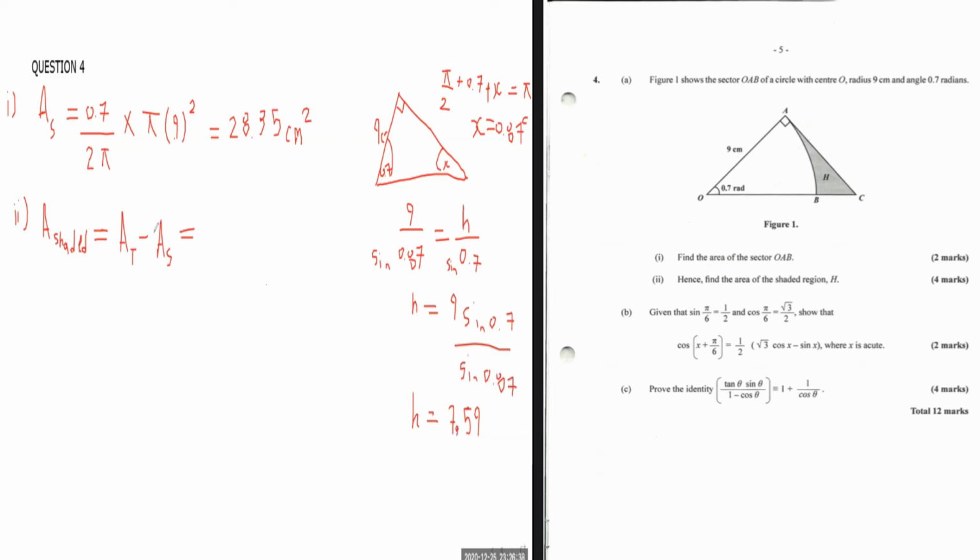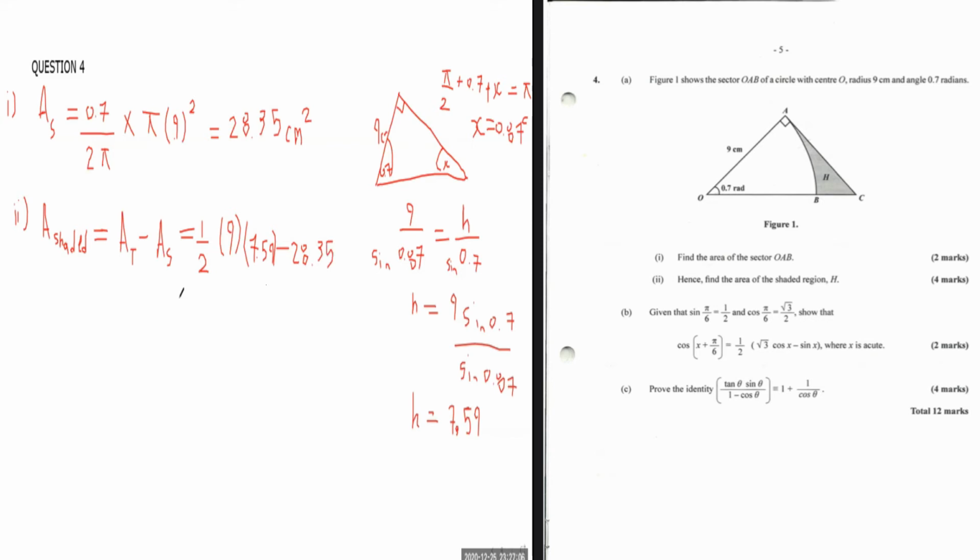All right. So what that means is that area shaded is equal to a half the base of 9 times the height, which is 7.59, minus the area of the sector, which we found already, is 28.35.